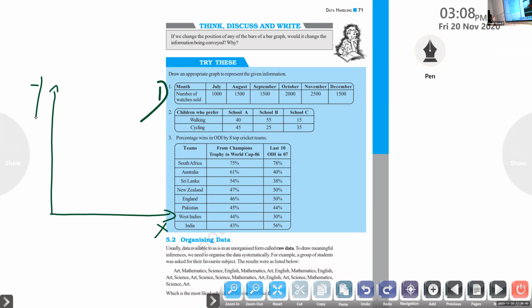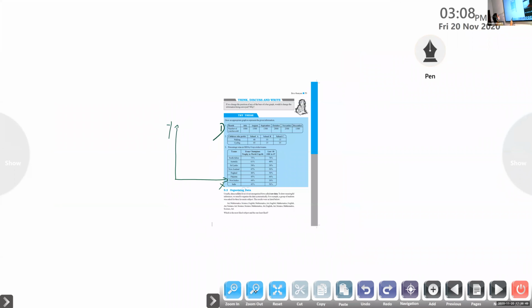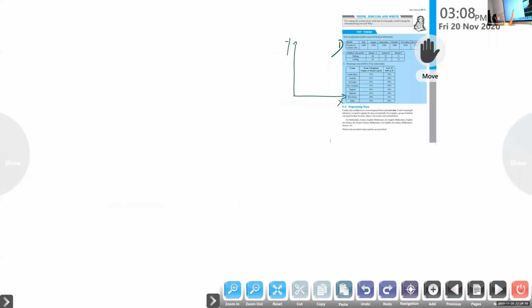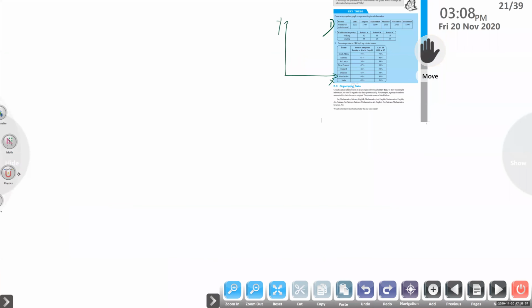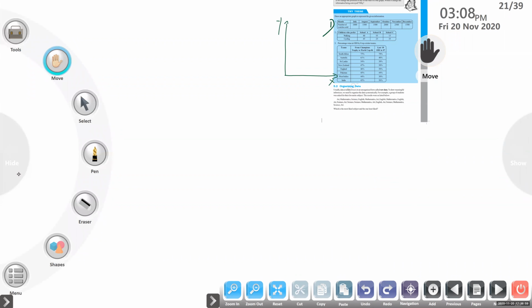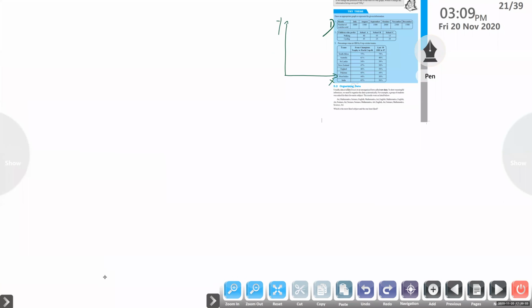Y-axis. Can you zoom? Draw x-axis and y-axis.